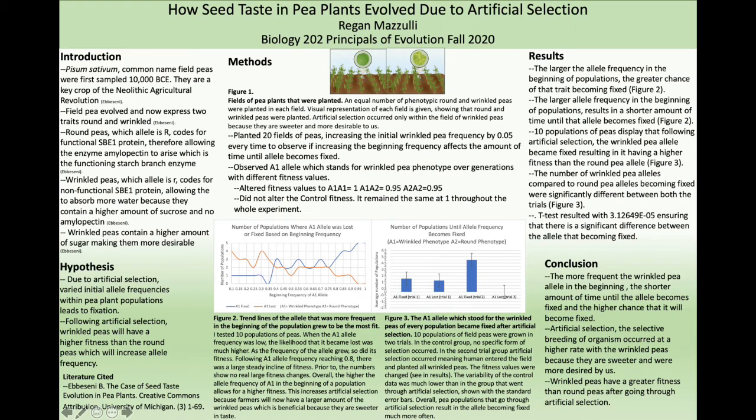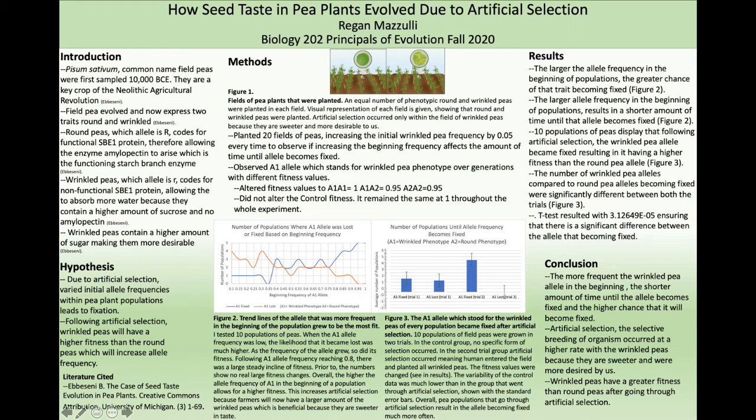And then after 10 populations of peas, we found that it displayed the wrinkled pea allele becoming fixed following artificial selection. And what this means is that the wrinkled peas, after going through artificial selection, will also result in becoming more fit.